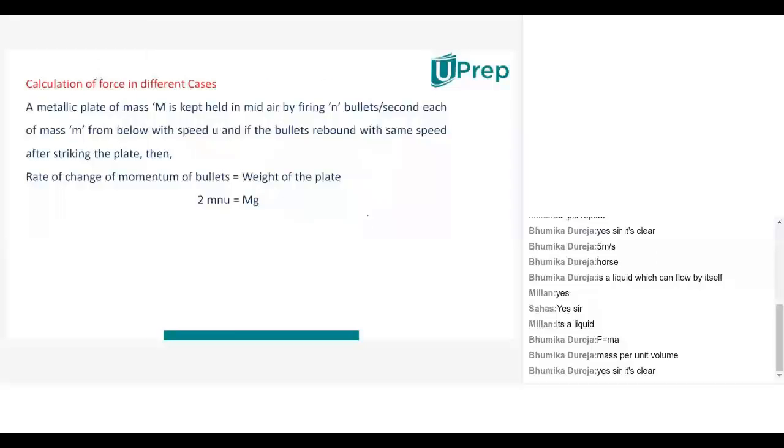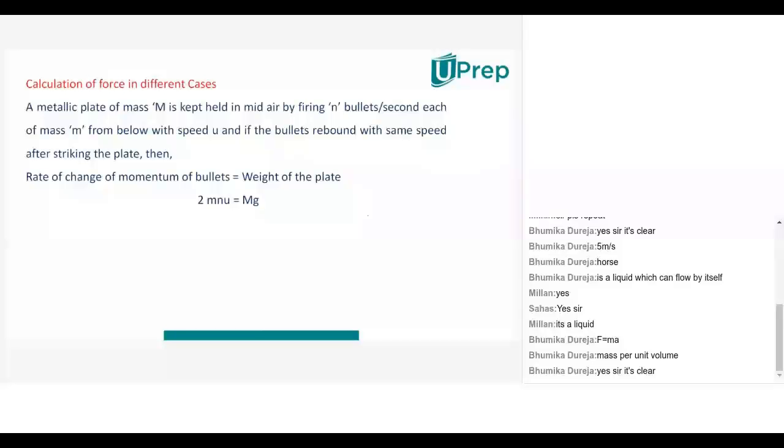If the bullets rebound with the same speed after striking the plate, then the rate of change of momentum of bullets will be equal to the weight of the plate. This you have to derive, and it needs some particular equations like vectors. So that's why I write directly here, rate of change of momentum of bullets.